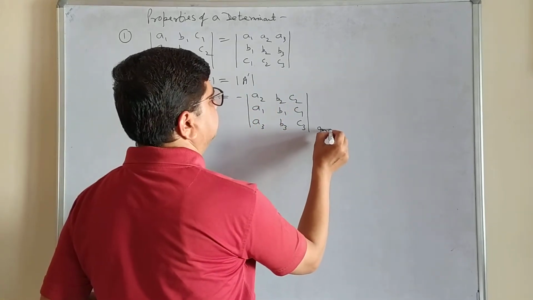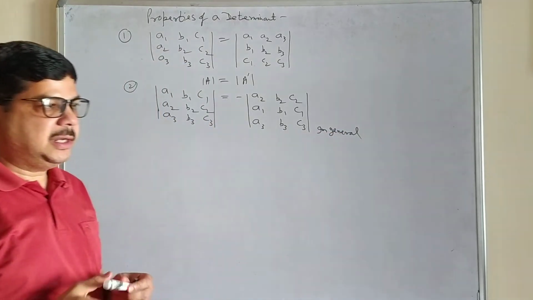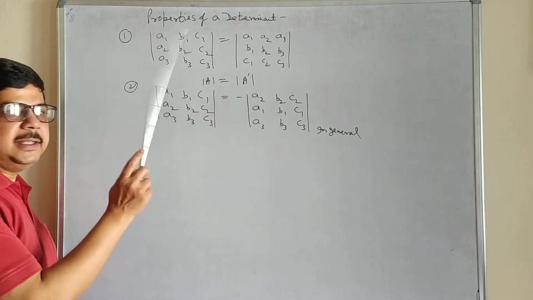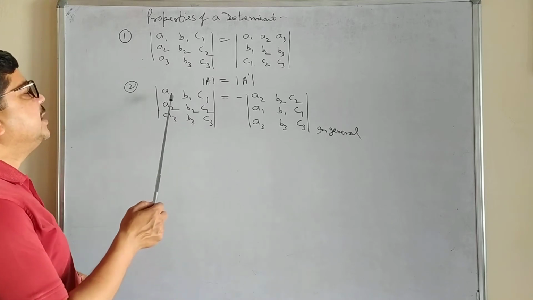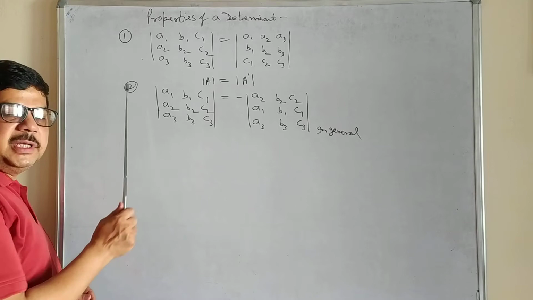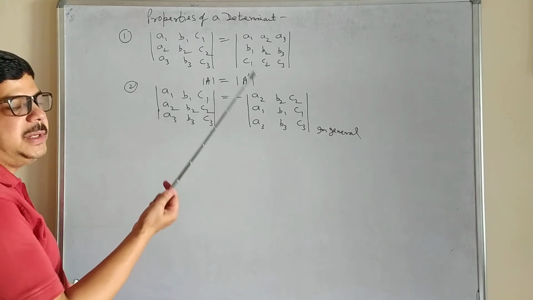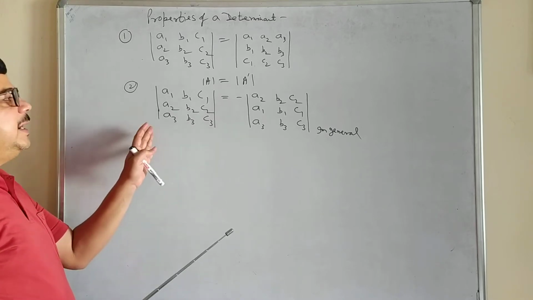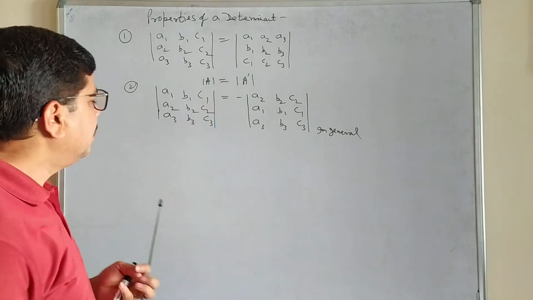In general, it means I am giving you one specific example only that is true for every condition. Like I am interchanging first row and second row, then value becomes negative. Even if I change first column to third column, the value will become negative. Second column, third column, if I interchange, the value changes sign. So that means I am taking only one specific example. It is true for all.